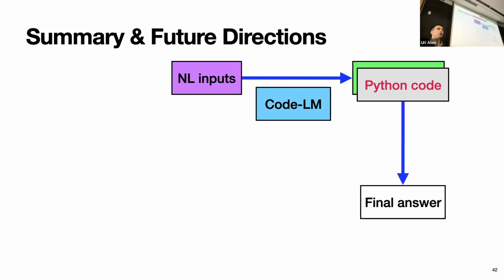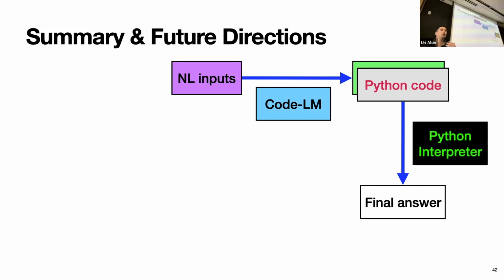In the second part of the talk, I showed how instead of expecting the language model itself to provide us with the final answer, we can teach the model to generate Python programs that will give us the final answer only once we run them on the Python interpreter. So basically, we offload the arithmetic part to an external Python interpreter instead of expecting the model to do something that it basically wasn't designed to do.